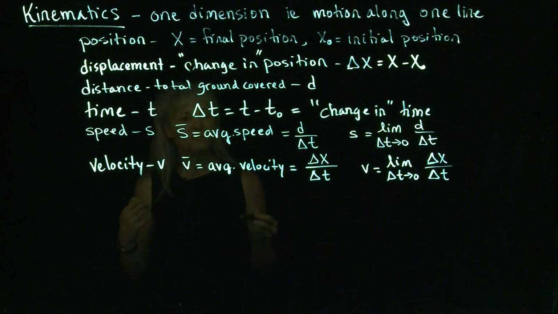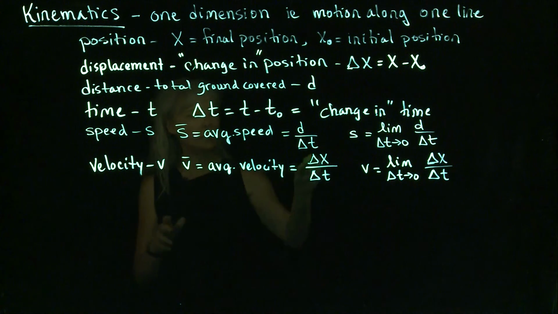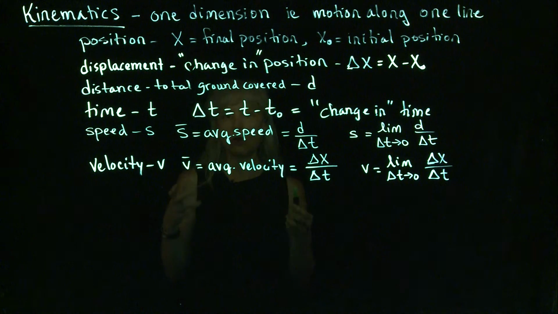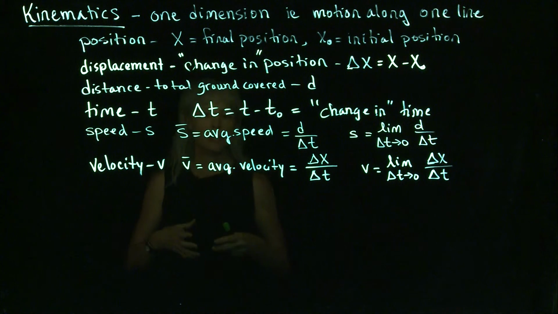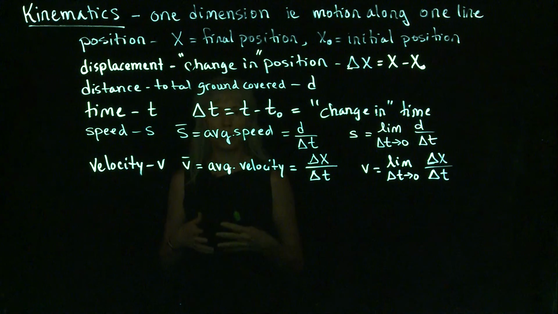Now notice that in one dimension, this displacement could be positive and it also could be negative, depending on what direction the object is moving. Let's say that I call the big I here in Albuquerque my origin, and I'm going to use I-25 as my x-axis. So heading north is going to be my positive direction, and heading south is going to be my negative direction.